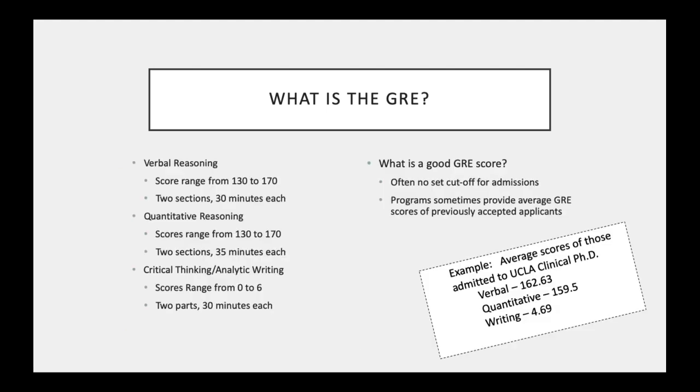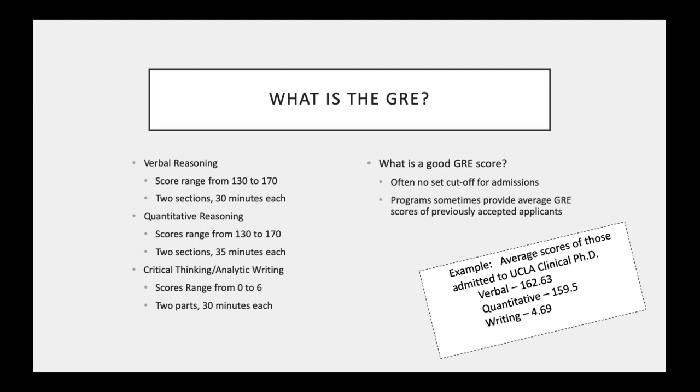The verbal section and the quantitative section have scores ranging from 130 to 170, while the analytic writing section has scores ranging from 0 to 6. These scores do not reflect the raw number of right and wrong answers, but rather how you performed relative to everyone else who has taken the GRE.